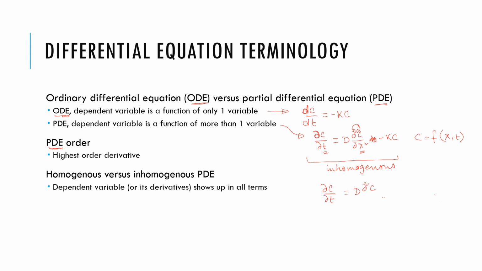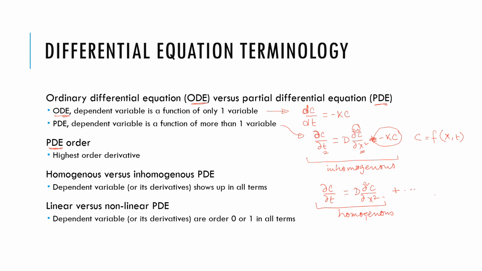So this is homogeneous. By having a term like this added, which is basically the source term, it is going to make it non-homogeneous, and it brings additional complications.